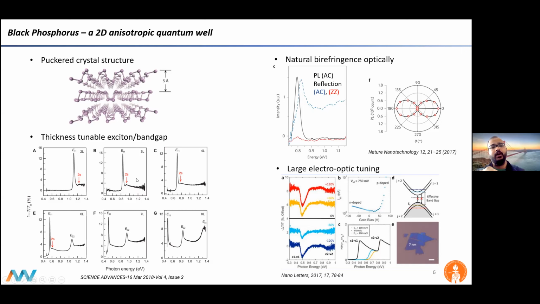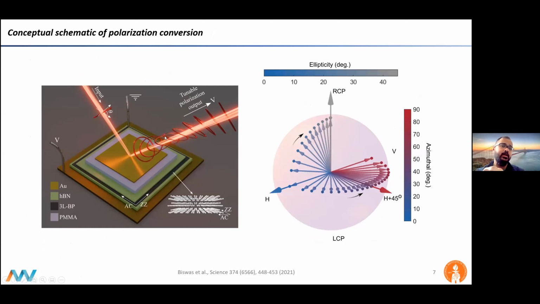And the last property that we're going to leverage is the large electro-optic tuning, where we use different quantum well electro-optic effects like Pauli blocking, suppression of the band edge and Stark shifts to tune the transmission or reflection from black phosphorus. So now I'll get into the details of our work, how we conceptually thought about polarization conversion.